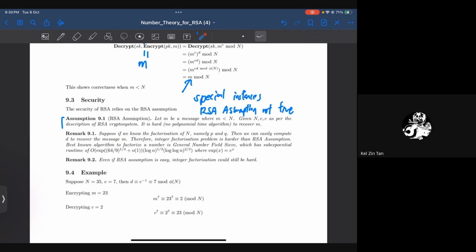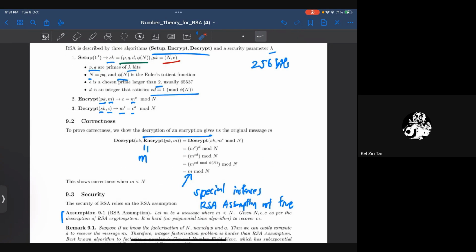Now I want to make a remark: suppose we know the factorization of n, which is p and q, then we can compute d easily to recover the message m, because ed is congruent to 1 modulo phi n.